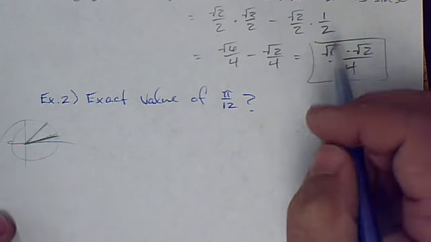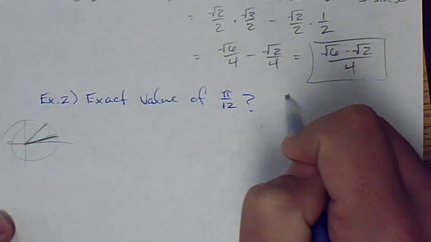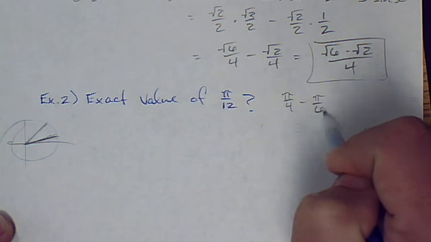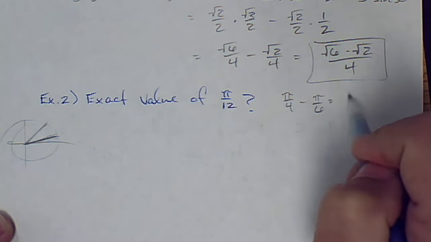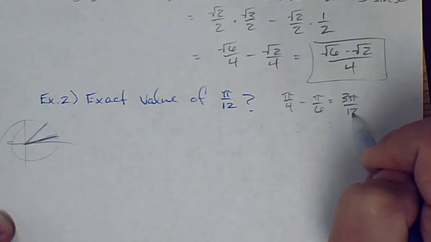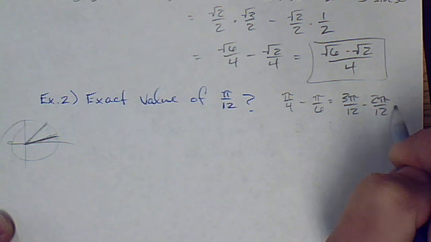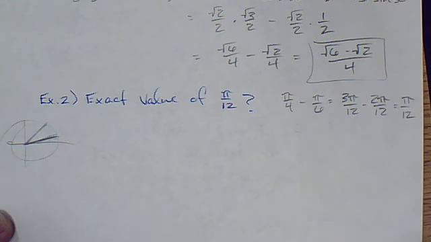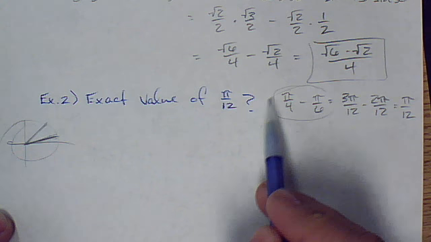It may not be as easy for you. But if you take pi over 4 and you subtract pi over 6, which would be 3 pi over 12 minus 2 pi over 12, you can see how that would equal pi over 12.